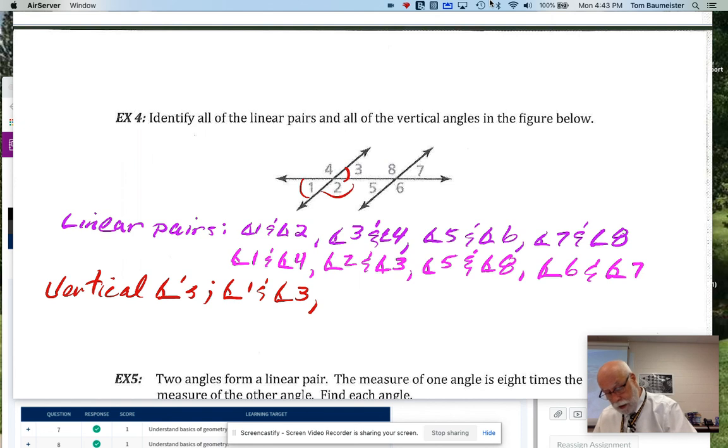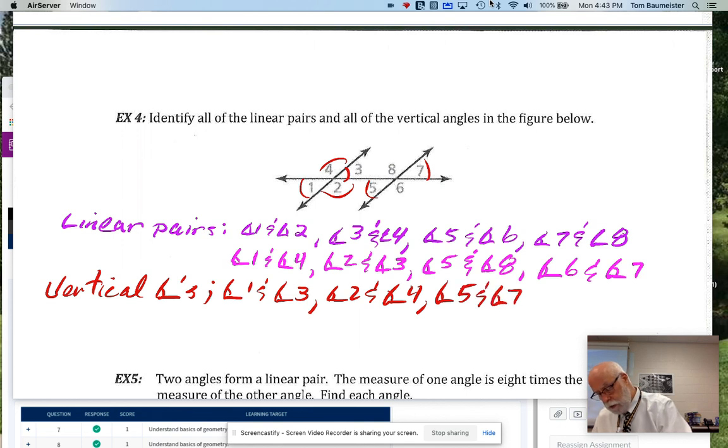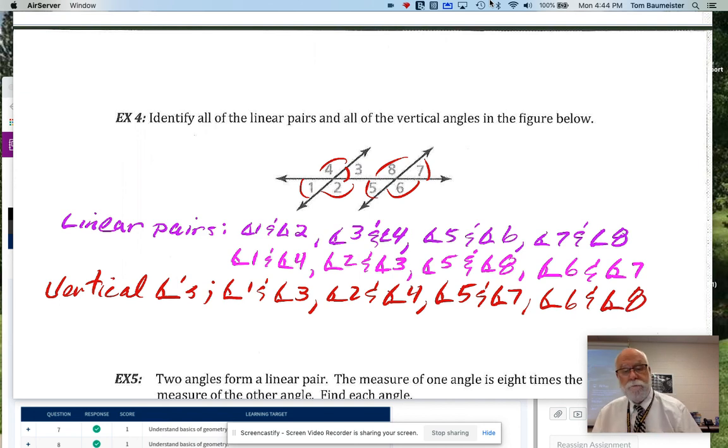And if we think about it, that then makes angle 2 and angle 4 vertical angles of each other. And angle 5 and angle 7. And finally, angle 6 and angle 8. So those were our vertical angles. Okay?